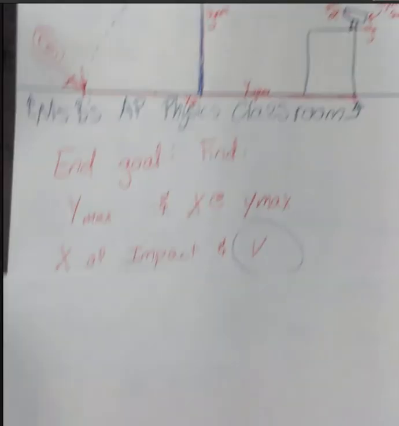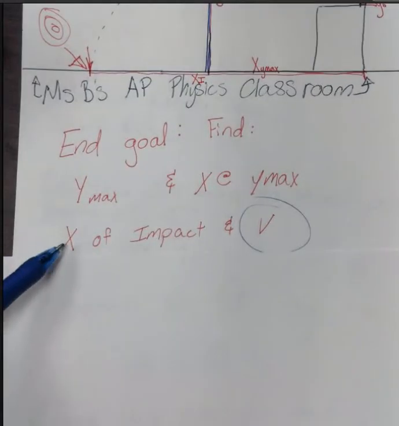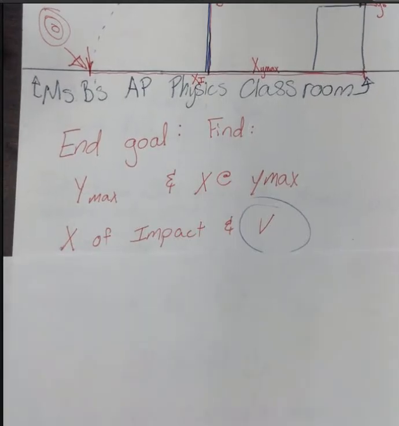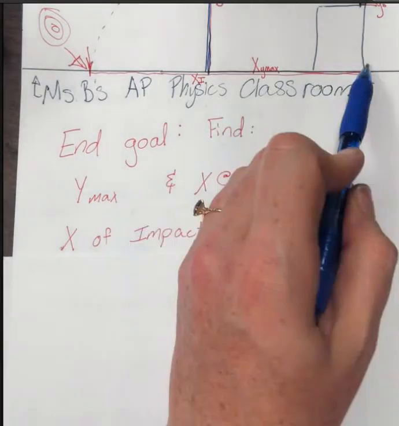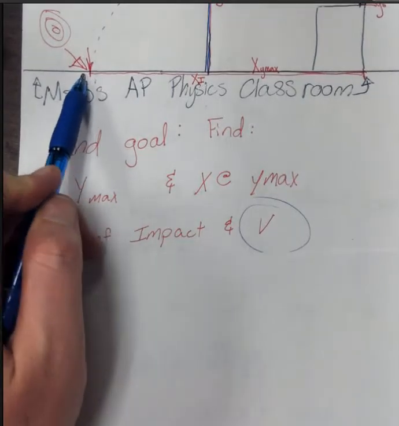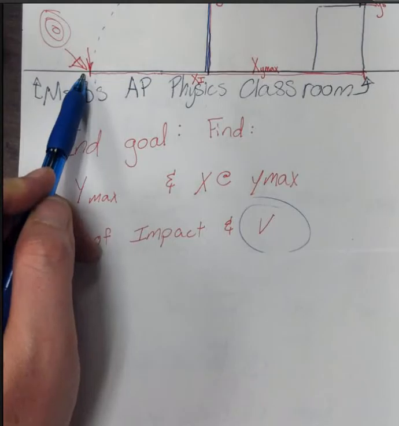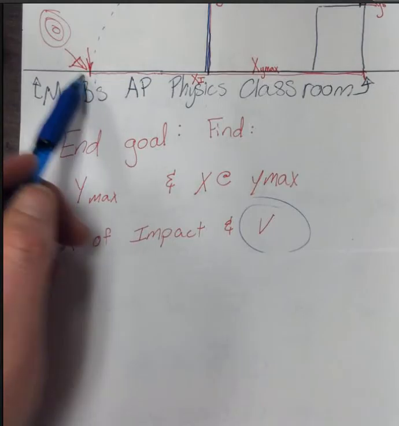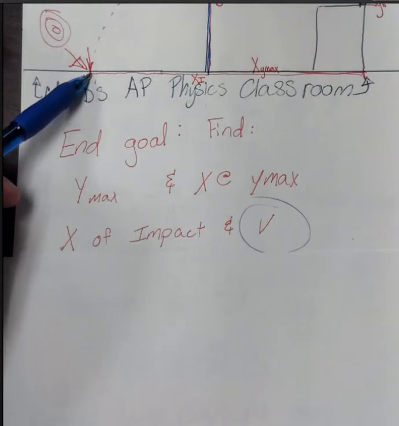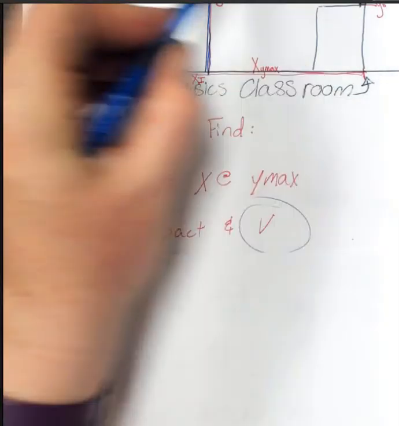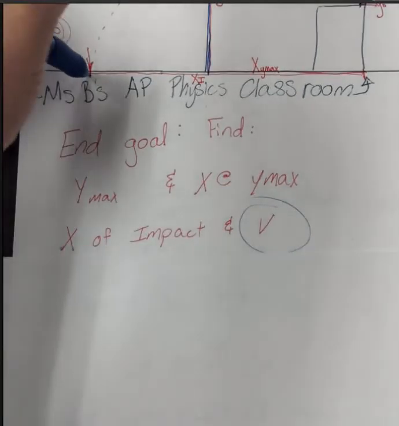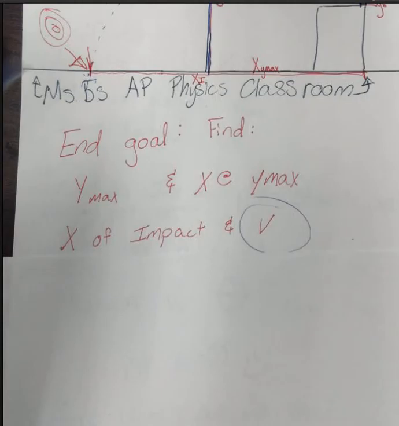Additionally, you're going to need to find the horizontal position of impact and the velocity of impact at the horizontal position. That is how far away in the horizontal direction you are from its launch point, and you're going to need to do that to an accuracy so that if I put a bullseye with carbon paper underneath it on the ground there, when you do your launch and your projectile makes impact, it will impact on the bullseye.